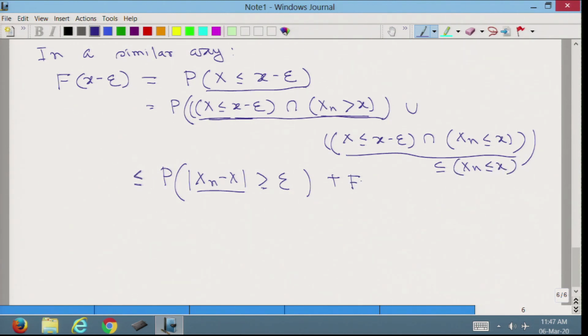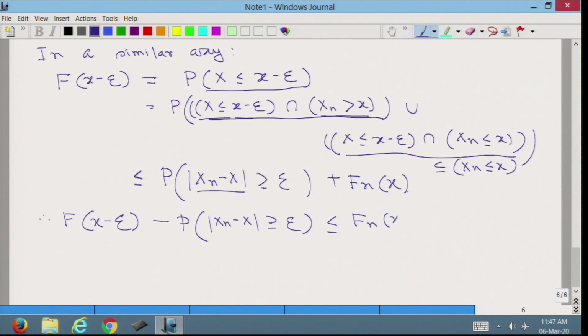Therefore, we are writing there f n x. Therefore, f at x minus epsilon minus probability modulus of x n minus x greater than equal to epsilon is less than equal to f n x.